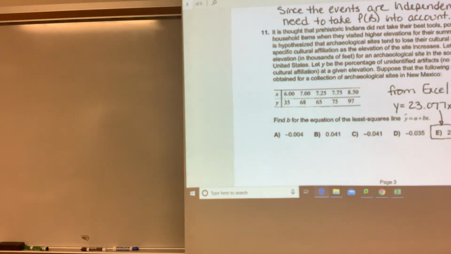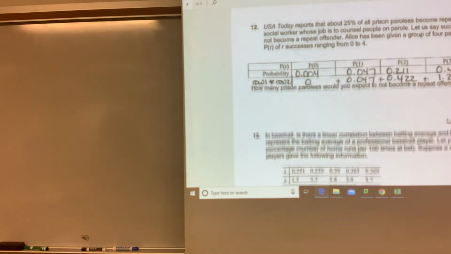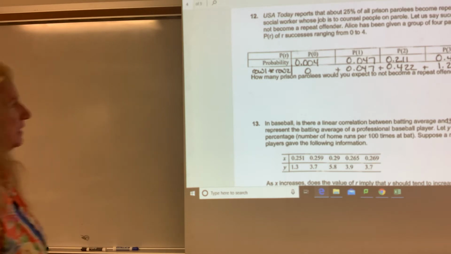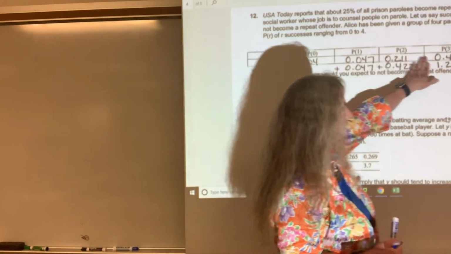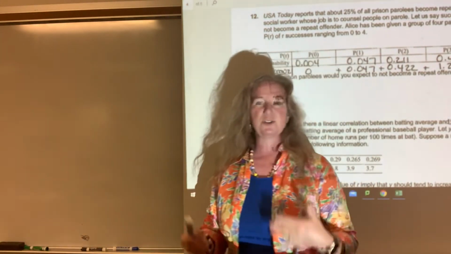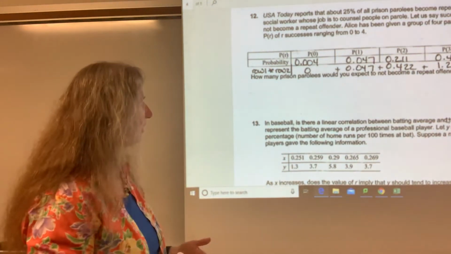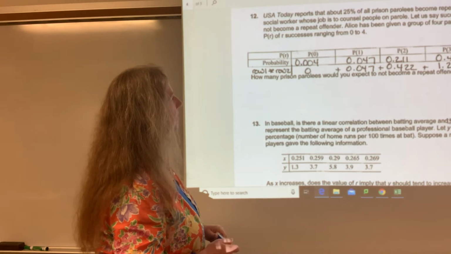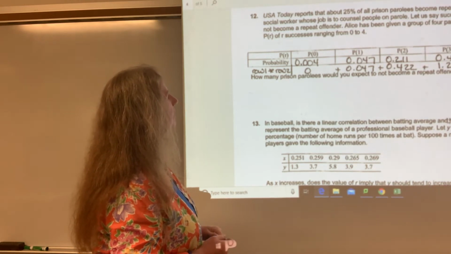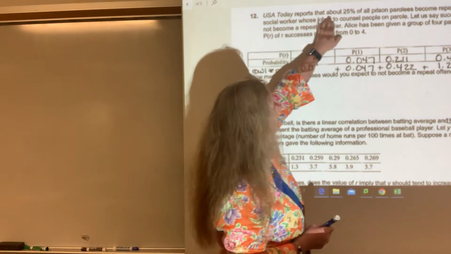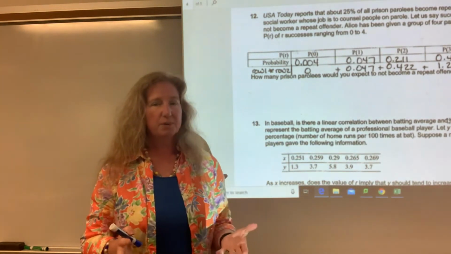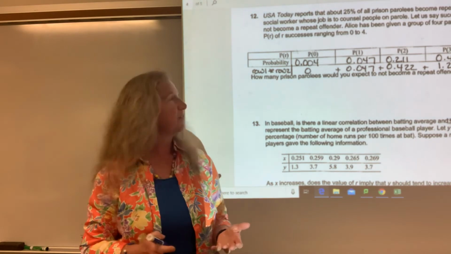All right, so on this one, ignore what I did here. Sometimes I've wanted students to do it two ways, but truthfully, what I really want you to do is simply remember that the probability, because it says the probability, this is the simple one where the probability for everything is 0.25.